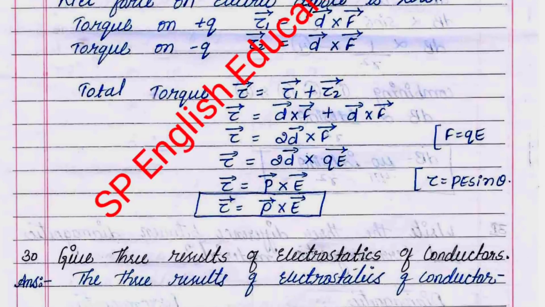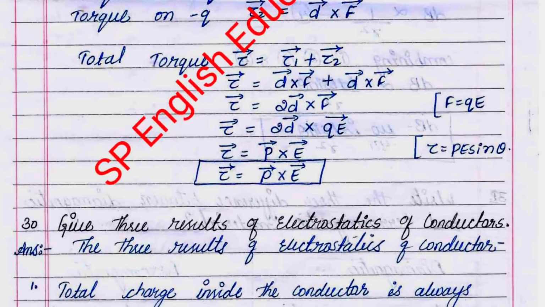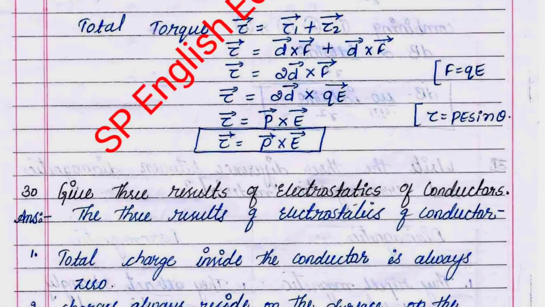30. Give three results of electrostatics of conductors, and the answer is below.